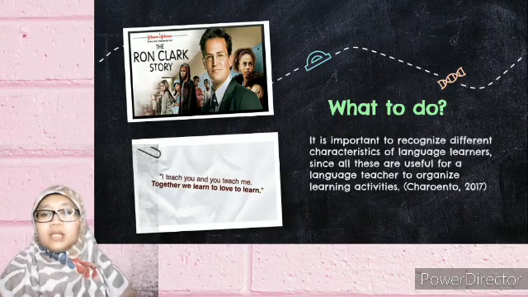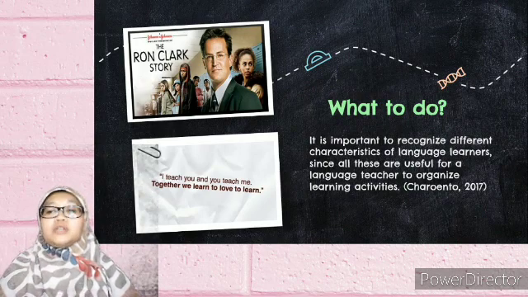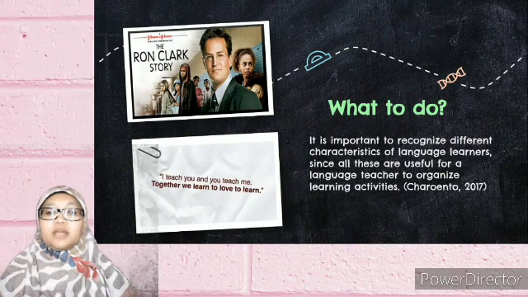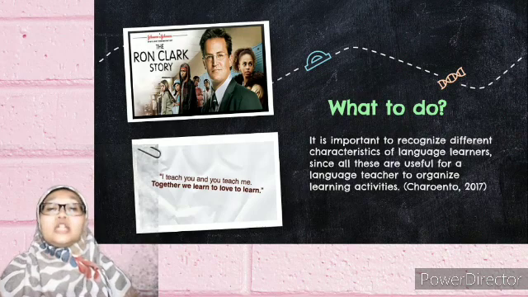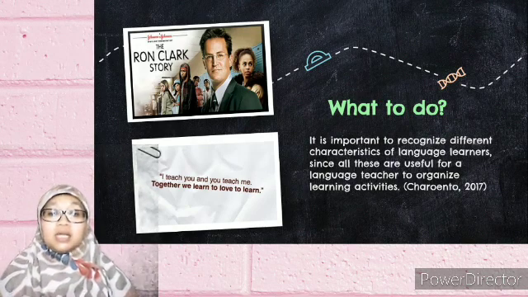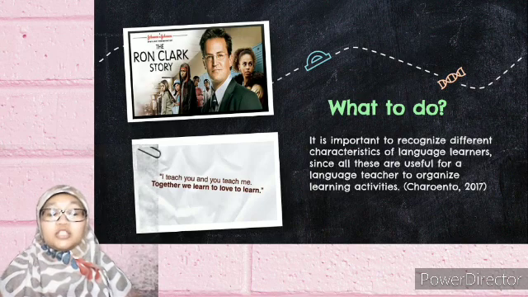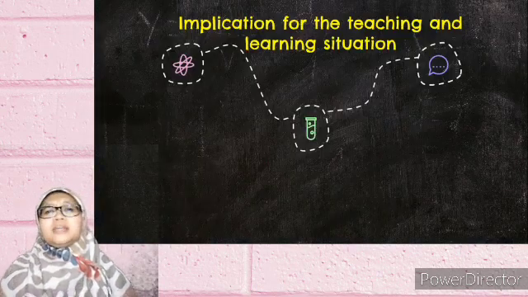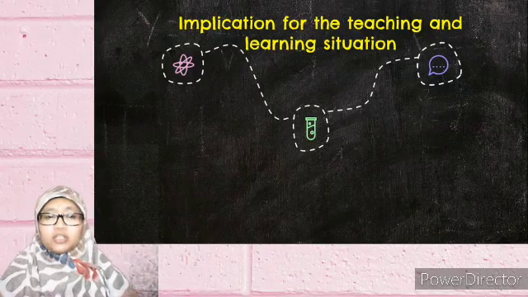Taken from Charuta in 2017, it is important to recognize different characteristics of language learners, since all these are useful for a language teacher to organize learning activities. I highlighted these: to organize learning activities. So, what are the implications for the teaching and learning situation?